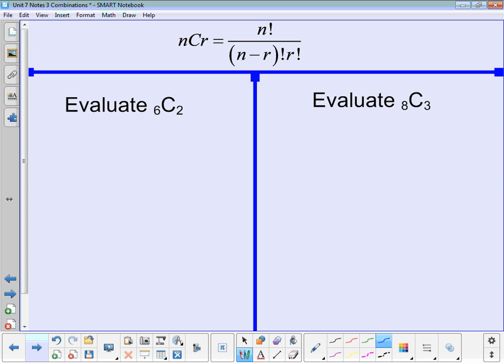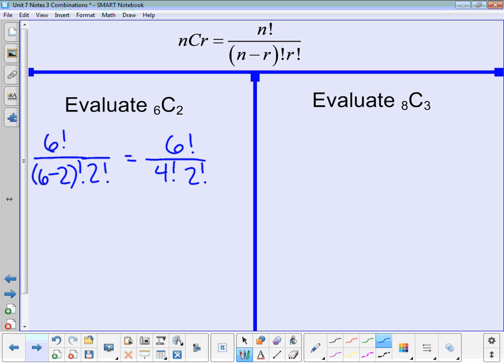In number 2, I'm calculating the combination of 6 objects taken 2 at a time, or 6C2. That is the same thing as 6 factorial over 6 minus 2 factorial times that extra 2 factorial. Okay, 6 minus 2 is 4, so that's going to be 6 factorial over 4 factorial times 2 factorial.